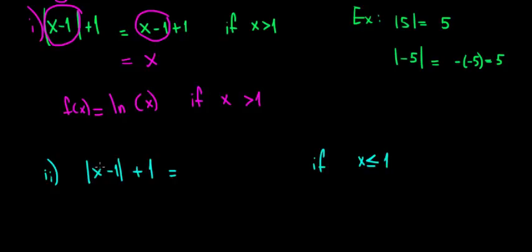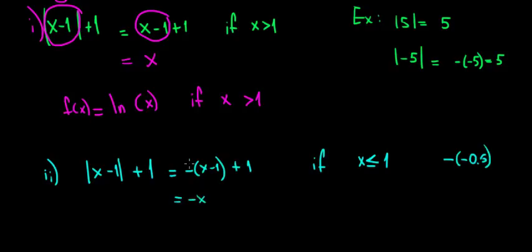So look, if we put here a value like 0.5, 0.5 minus 1 is minus 0.5. To take it out of the absolute value, we must get as a result positive 0.5. So we need to have minus 0.5 as a result, which means that we must have minus (x minus 1), and then we just add 1 because that's outside of our absolute value. What is minus (x minus 1)?